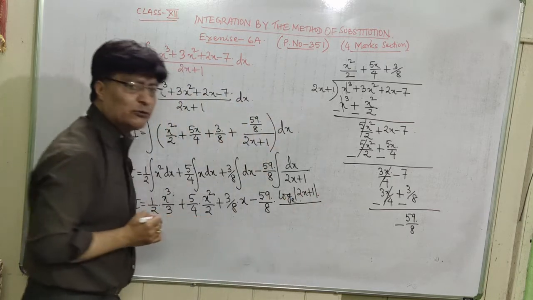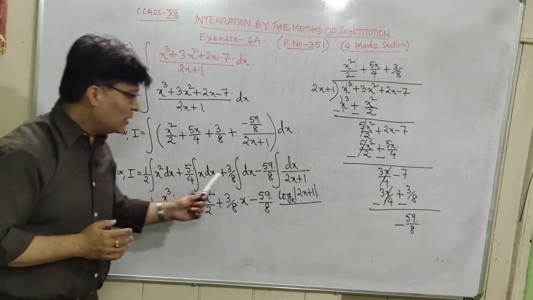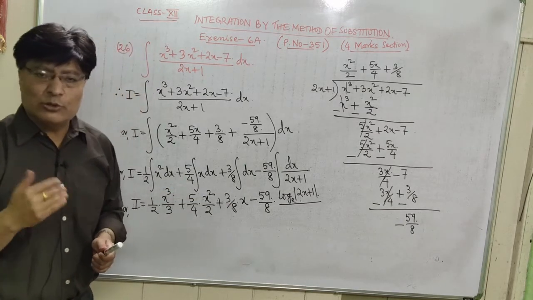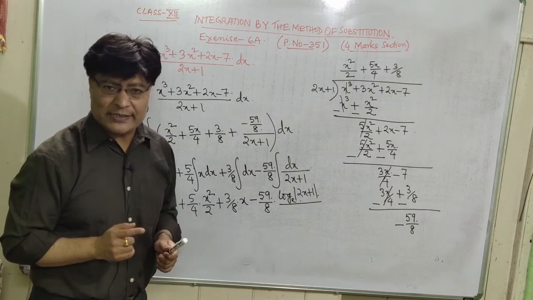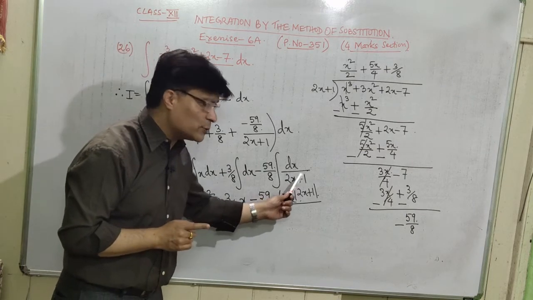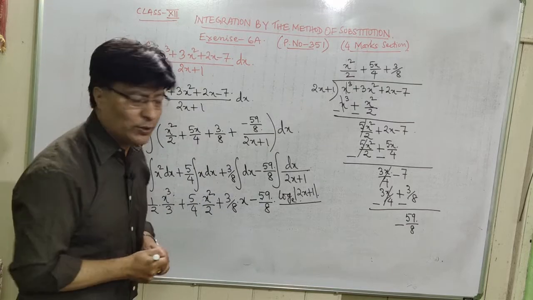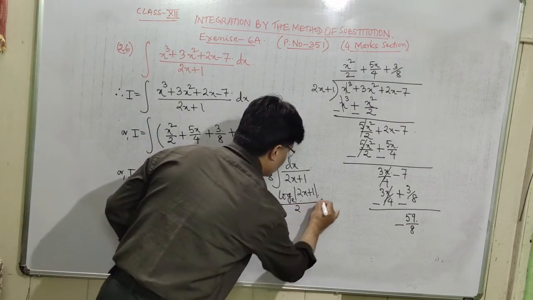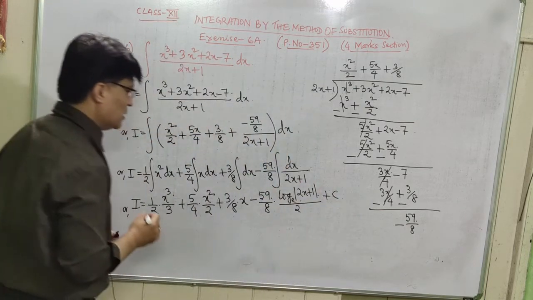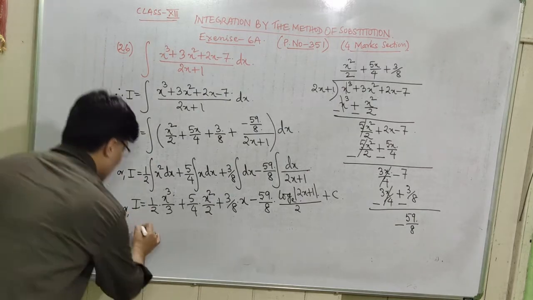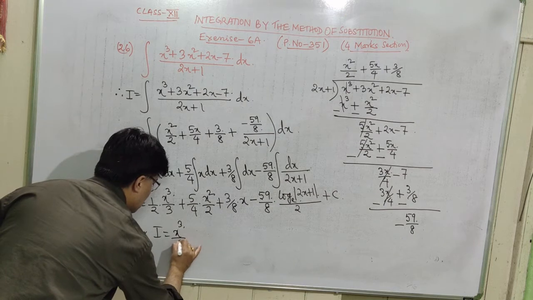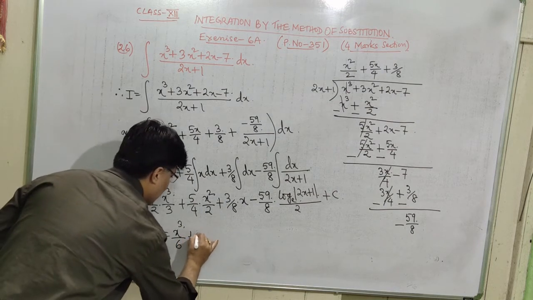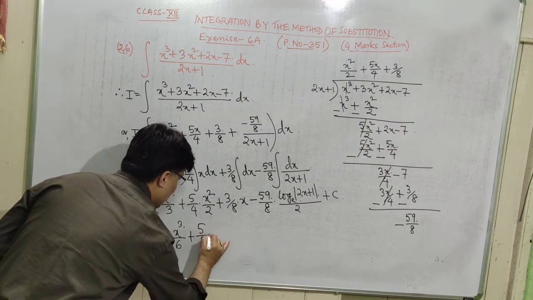Again, whole divided by, in the denominator you should write down the differentiation of the term which is assumed as x. That is, you have to differentiate 2x plus 1 with respect to x, which is equal to 2. Then what do we write here? Plus c.